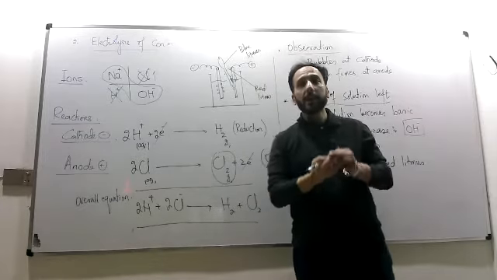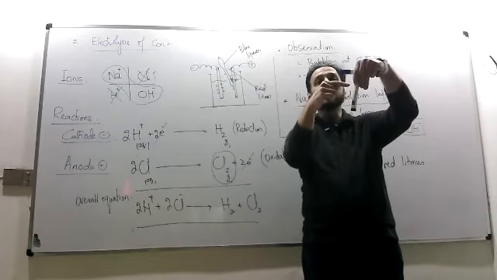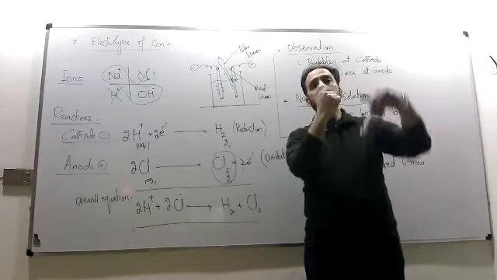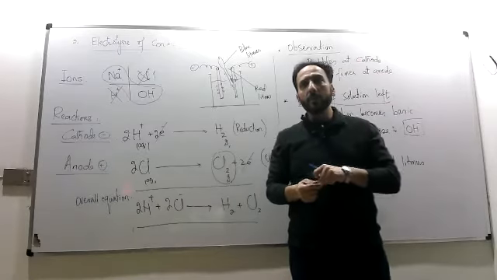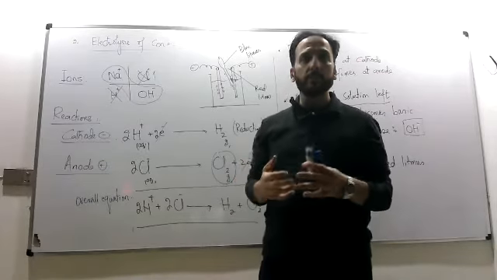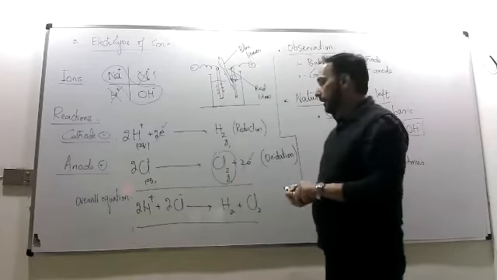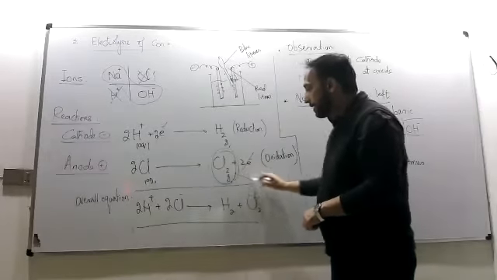So if around anode we put blue litmus solution, it will change its color. Abhi I have not taught you the test of gases, so maybe you won't be able to answer it, but still the nature of chlorine gas is acidic.